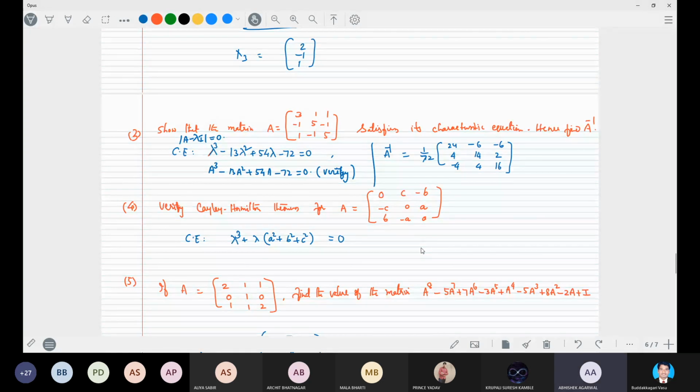Yes, sir. A is satisfying. Yes, satisfying. Good. Now see, you can find A inverse by multiplying A inverse on both sides of this equation which A satisfies. Multiply with A inverse on both sides.